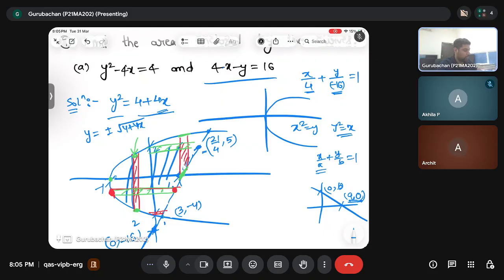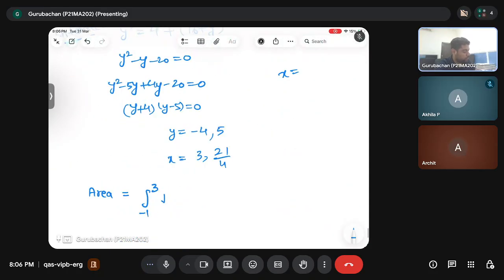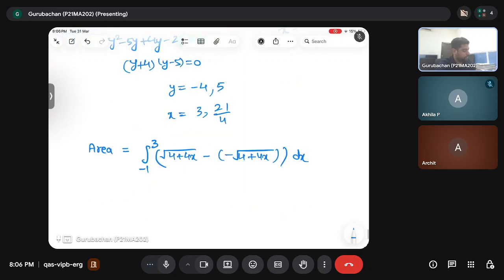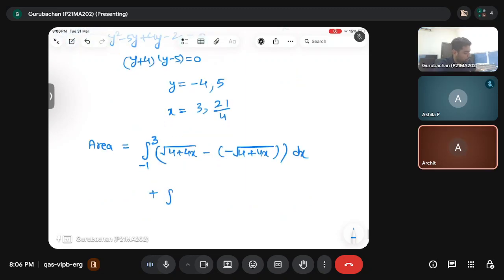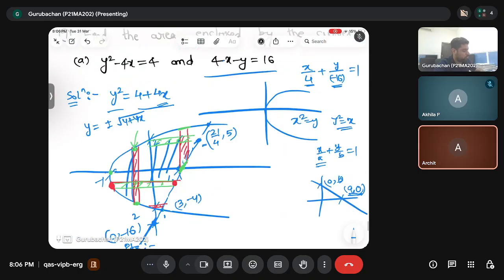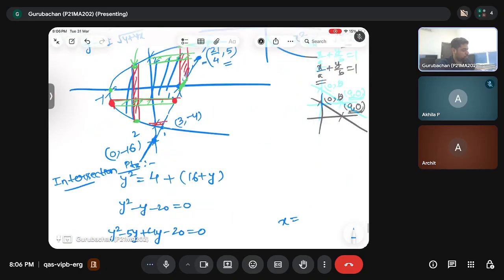Yes, sir. So this will be the positive side of this function, 4 plus 4x. And what will be the negative side of the function? This is upper curve minus lower curve, right? Yes, sir. Then 3 to 21 by 4.